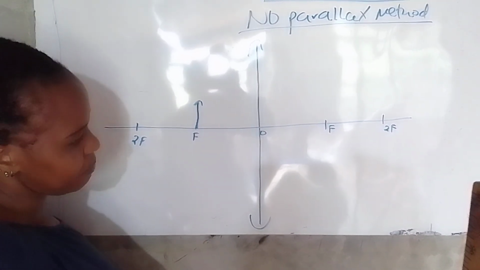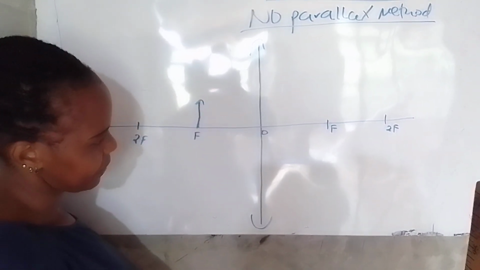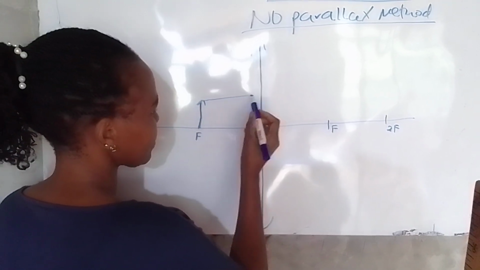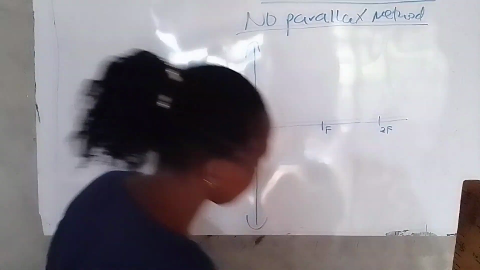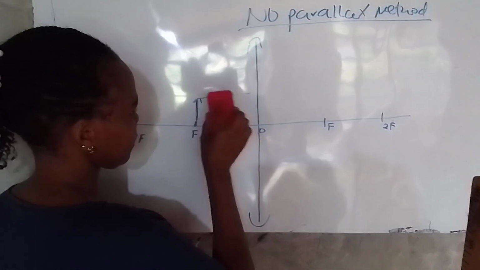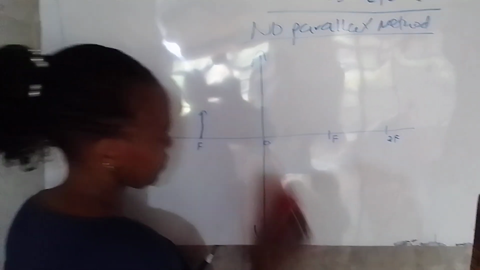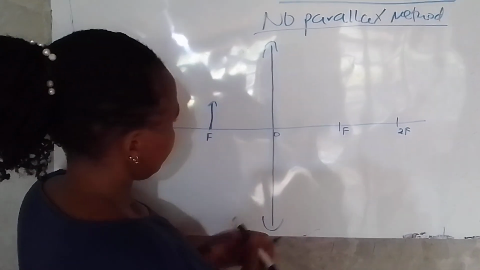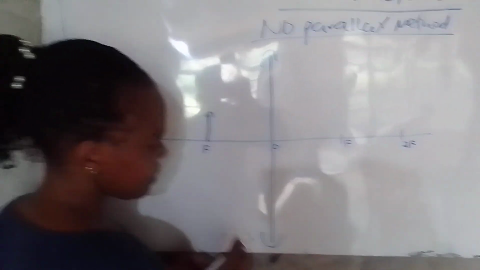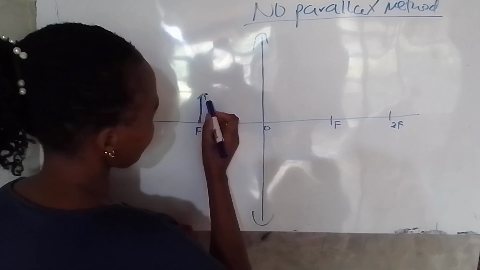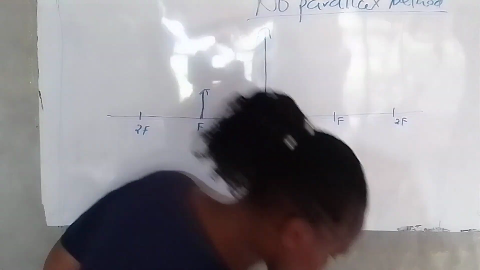If you put an object at the principal focus, any ray that comes from the object, so let's say the rays are coming from the principal focus. They are coming parallel to the principal axis.